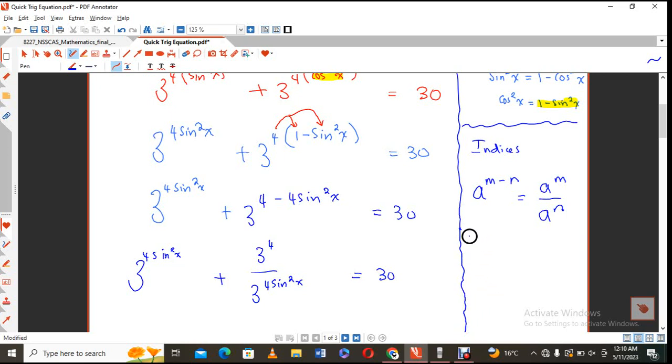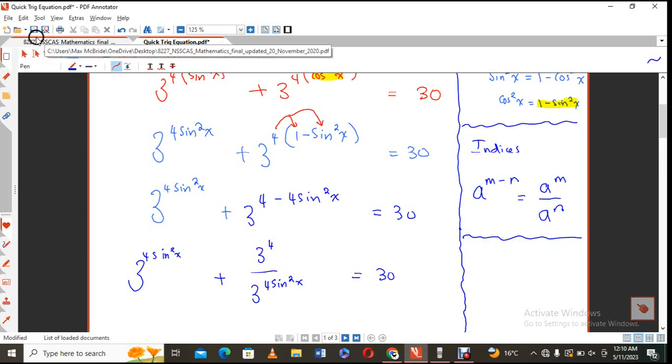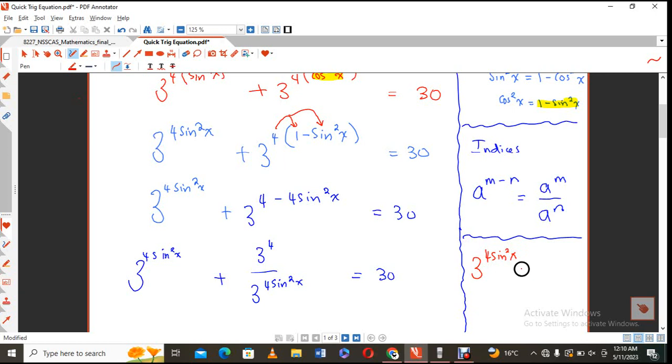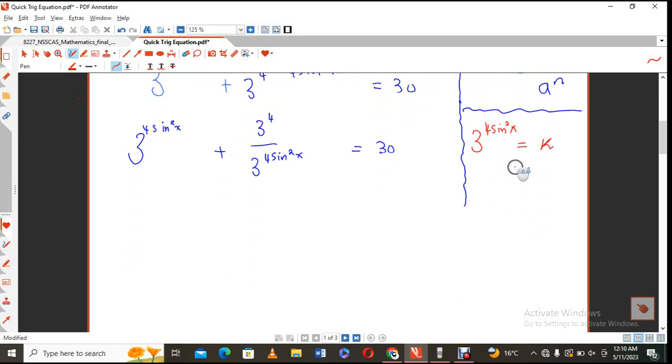Alright. So another thing worth noting, and I'll bring that in, is that I see 3 raised to the power of 4 sine square x in my equation, I can let that equal to some letter, perhaps the letter k. So everywhere where I have that, I'm going to replace that with k.